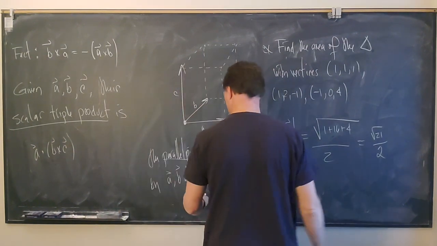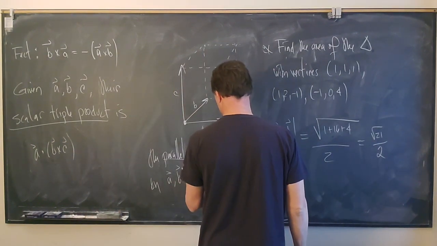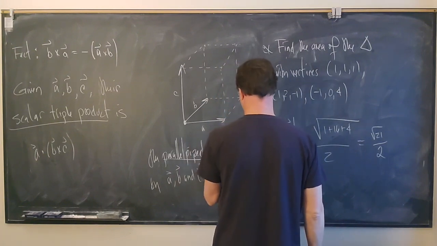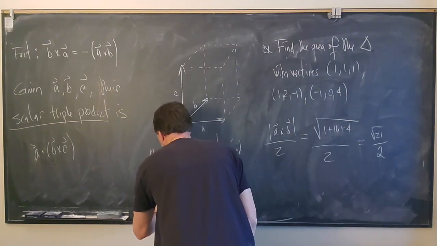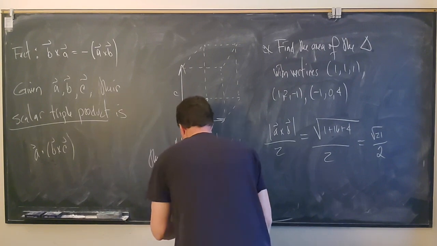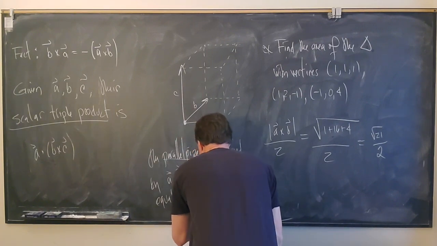So this parallelepiped has a volume equal to the absolute value of A dot B cross C.